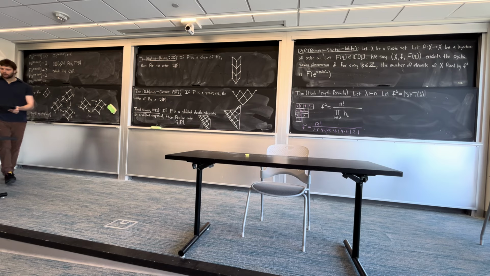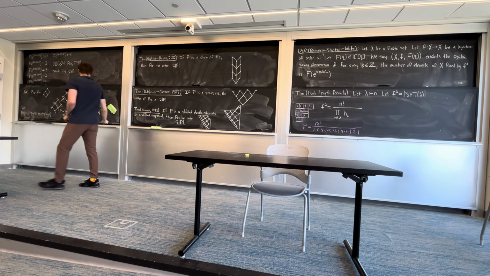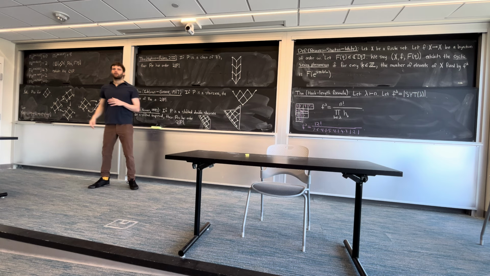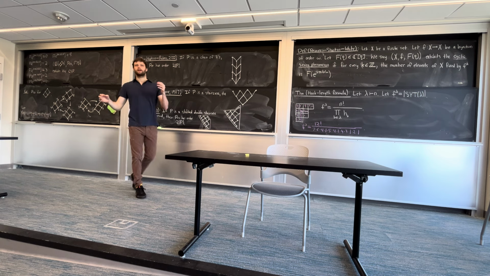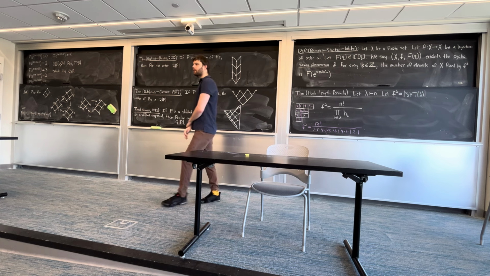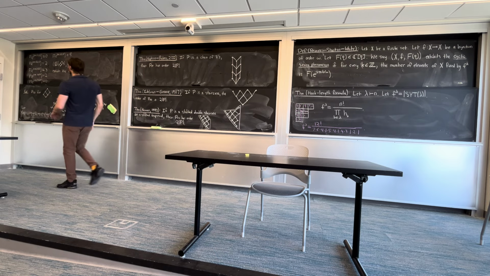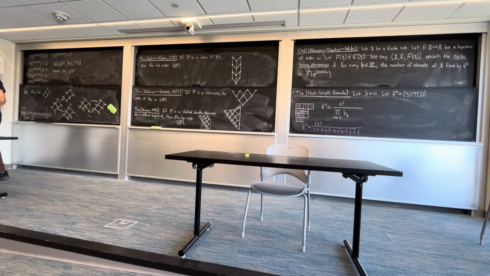So the point of this is that a priori, if you just have some map from the set to itself, it could have a lot of different orbits of different sizes, and one way you could encode the orbit sizes is to just list them out, but that might be a long list of numbers.